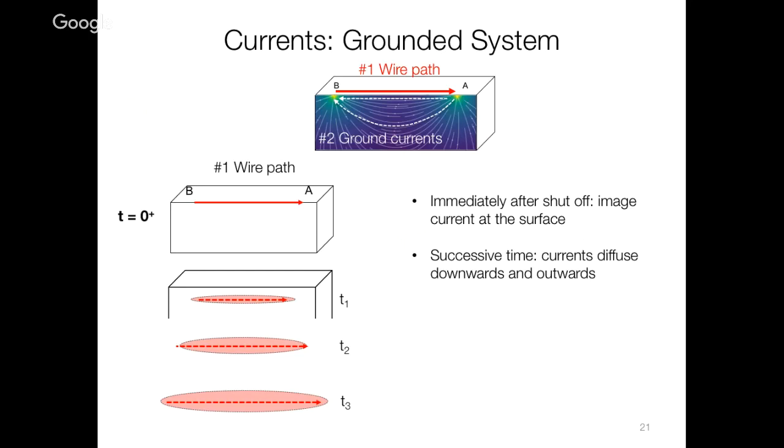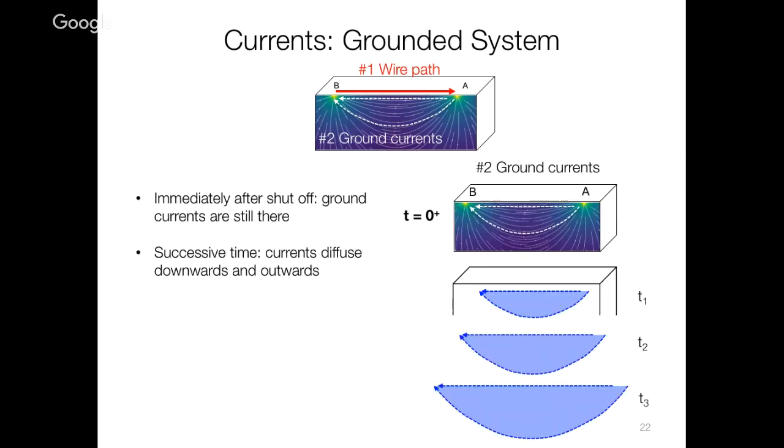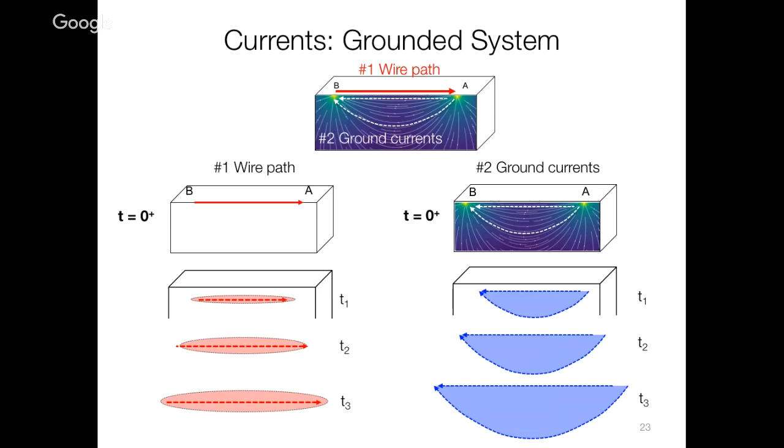These currents here are basically going to act just like they're already in the ground, so they are going to simply disappear, just like that grounded dipole. Those currents are going to go downward and outward. So that's it. A grounded wire has these two components with it.